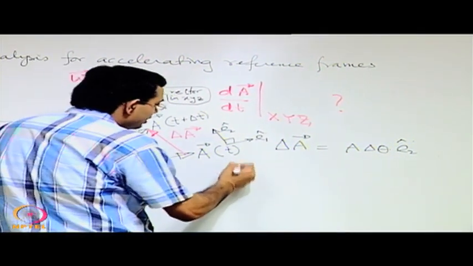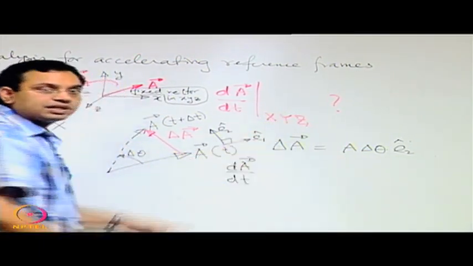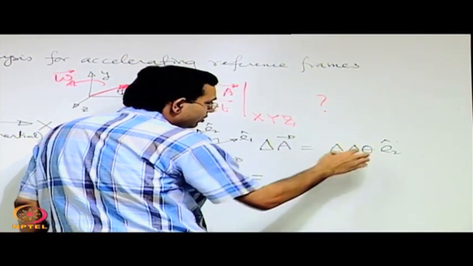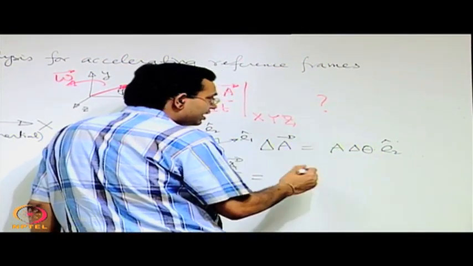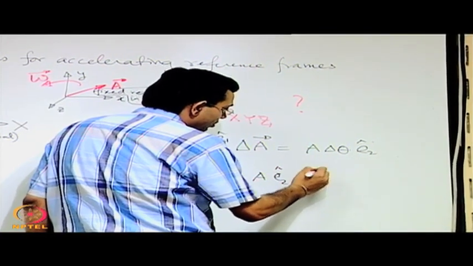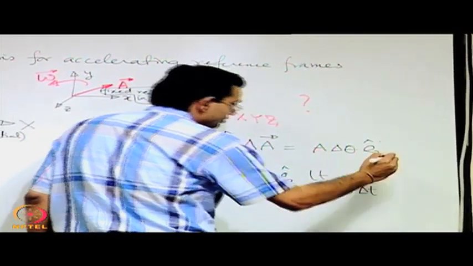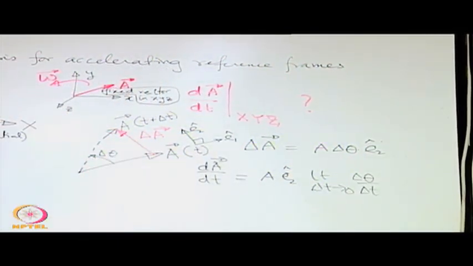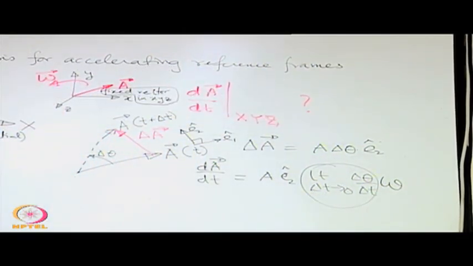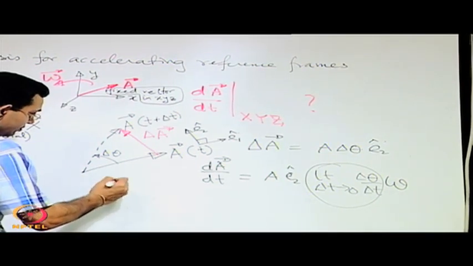If you want to find out what is dA dt, if we are not mentioning any subscript capital XYZ, that means we are talking about inertial, then it is basically we are dividing this by delta t and taking the limit as delta t tends to 0. So, A E2 into limit as delta t tends to 0 of delta theta by delta t, which is nothing but the magnitude of the angular velocity. And what is omega cross A?